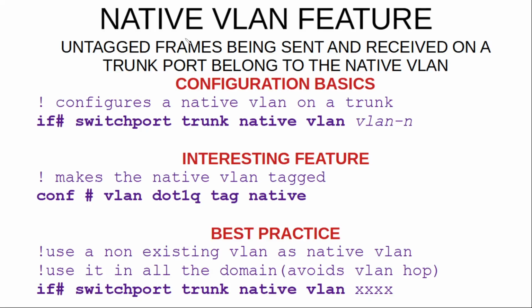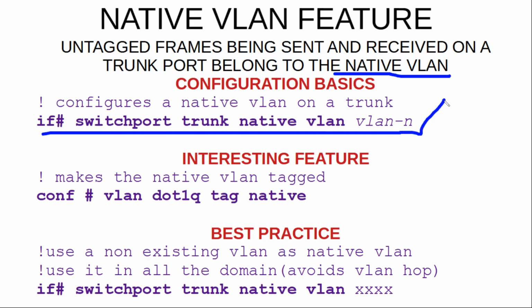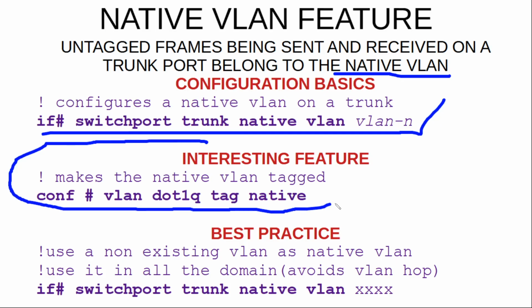Now you can define a native VLAN on your trunk port. Untagged frames being sent and received on a trunk port belong to the native VLAN. This is the way to configure what is the VLAN number, your native VLAN number. And now here it comes a command that not many people use.